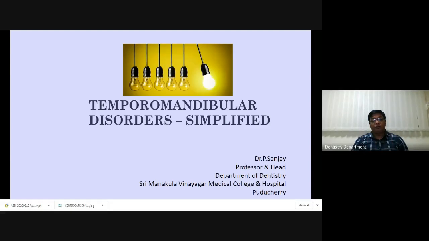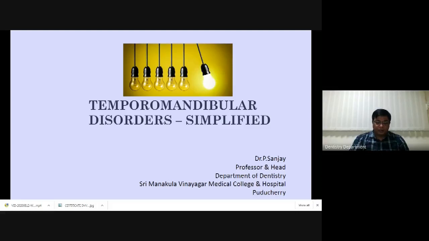It is not going to cover the neoplasms or pathologies of the temporomandibular joint. The word itself says temporomandibular disorders, so you're not going to deal with temporomandibular joint disorders or something like that. Anyway, it is going to include, most of the time, the joint and the masticatory muscles.